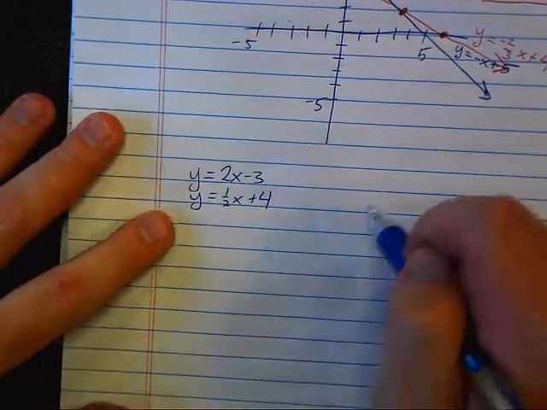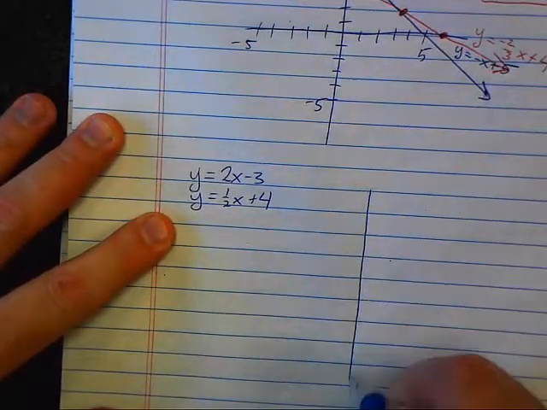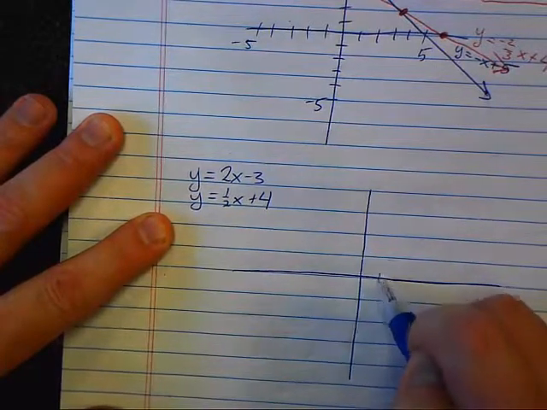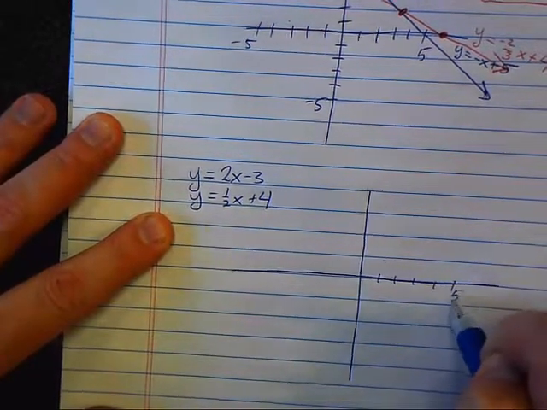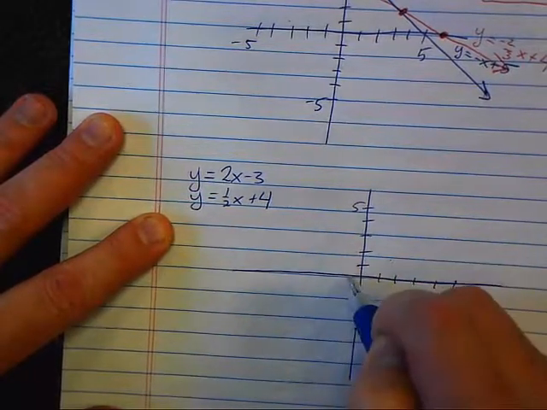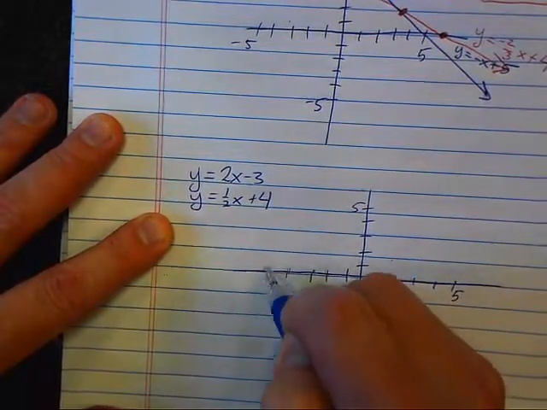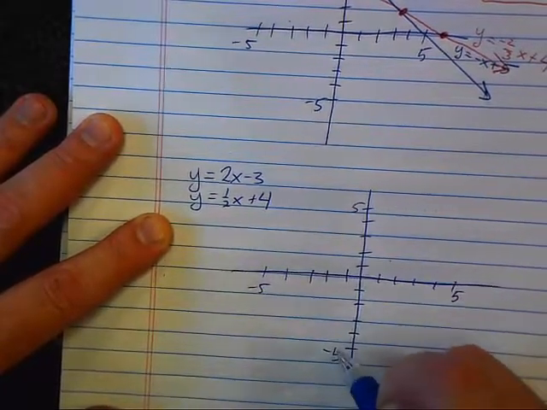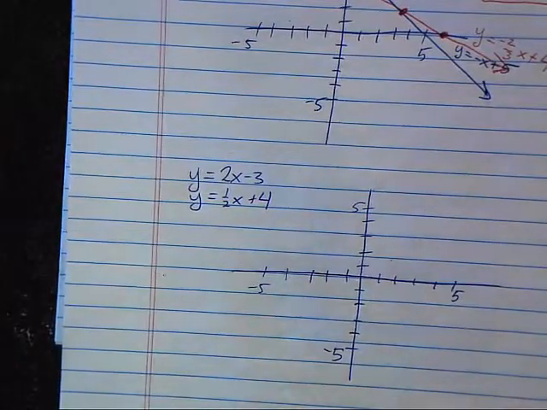So we should be able to find the answer. And the nice thing is, they both have y all by itself, so they're both pretty easy to graph just the way they are.